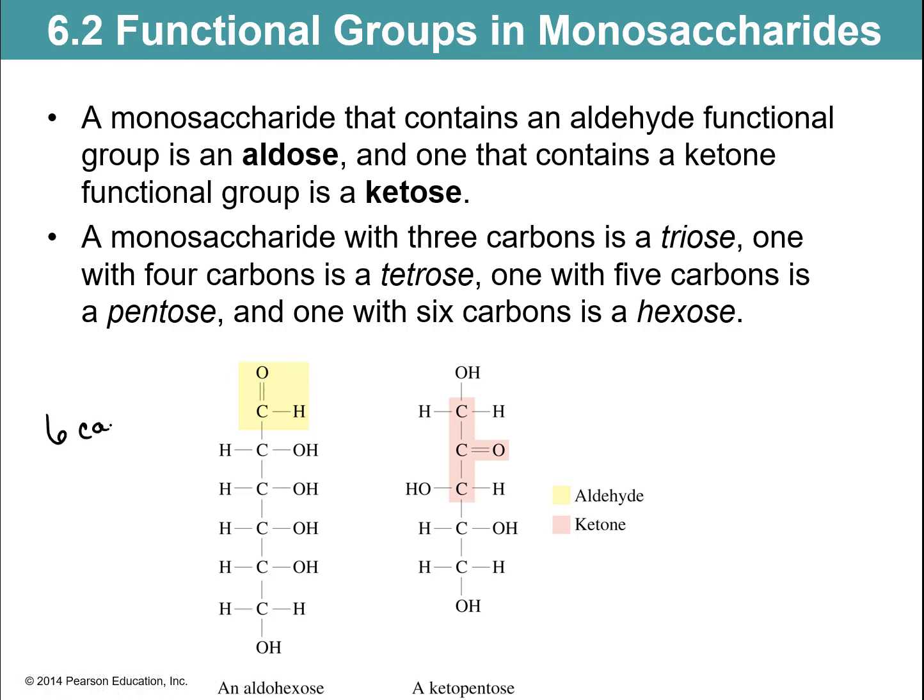There's 6 carbons. That makes this a hexose. You know like sucrose, maltose, lactose, glucose, they all end in that OSE. That OSE ending always indicates some kind of carbohydrate.